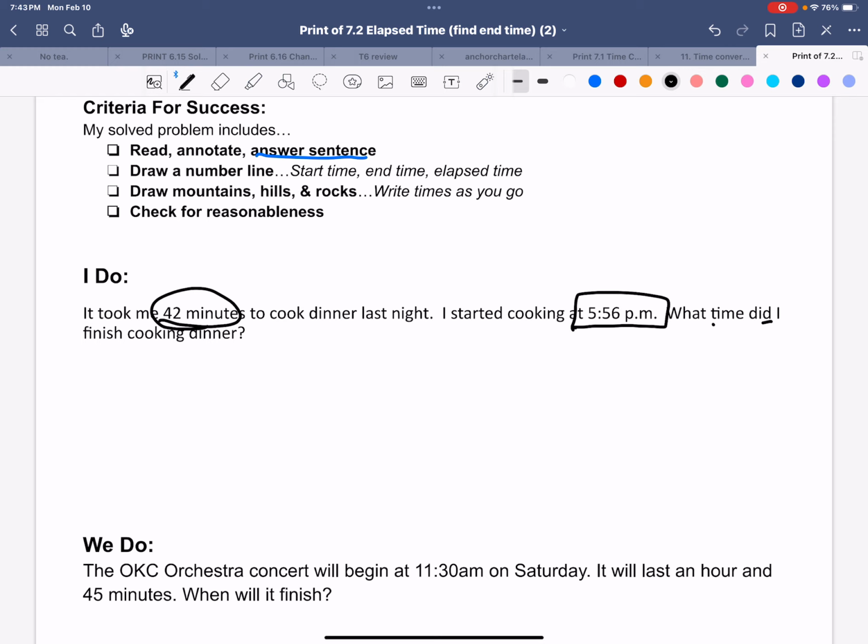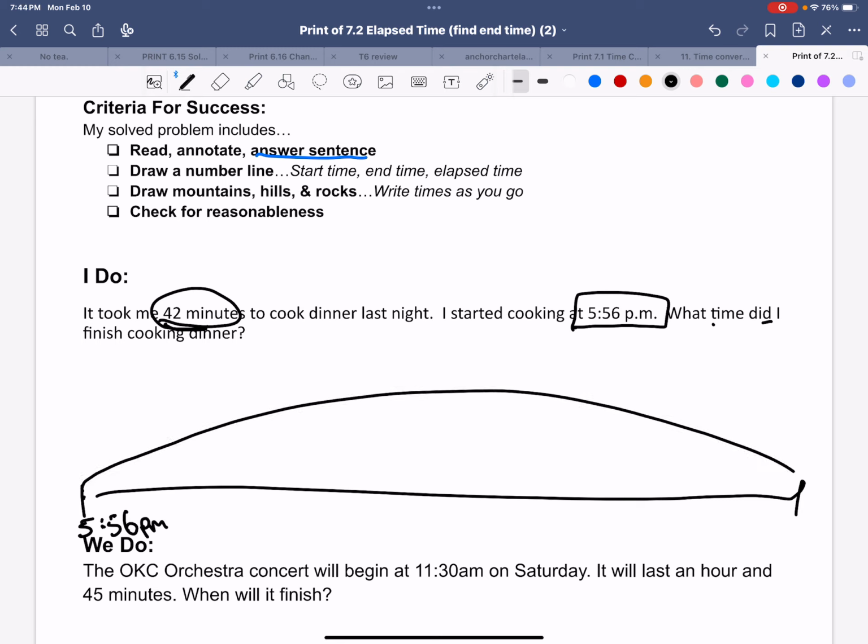It looks like we have our start time right here. 5:56 p.m. And do I have an end time? No, they've only given me elapsed time. That's how long it took me to cook dinner. It took me plus 42 minutes.